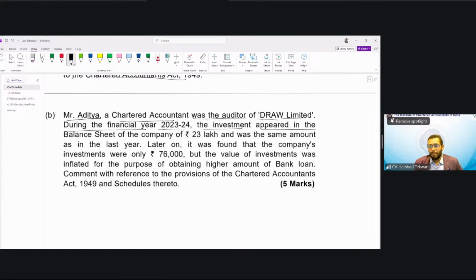The investment appeared in the balance sheet of the company at 23 lakhs and was the same amount as last year. Later on, it was found that the company's investment was only 76,000, but the value of the investment was inflated for the purpose of obtaining a higher amount of bank loan. Comment with reference to the provisions of the CA Act and schedules there.